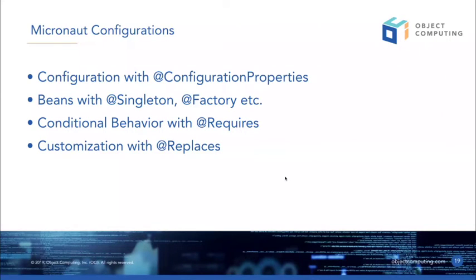And in Grails plugins, you could have logic where you're defining these beans and say, only load this bean if this configuration is present, right? So the bean, whether it overrides or not, is conditional. And we have an @Requires annotation that does a similar sort of behavior. And then also @Replaces.